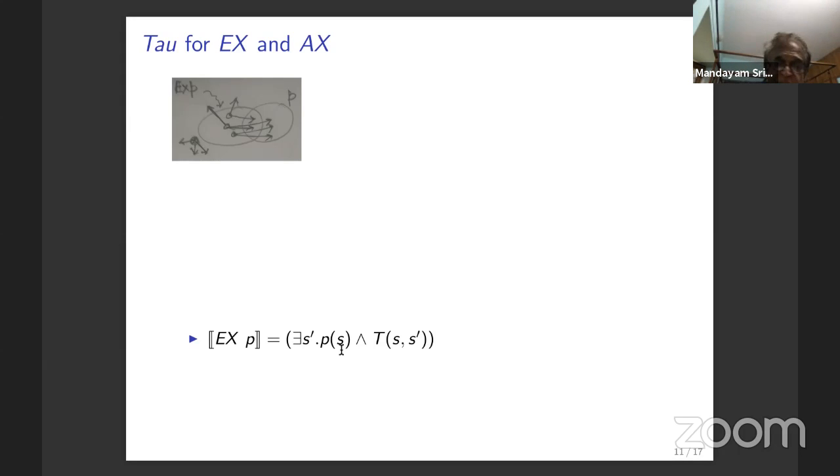Okay, these things are important for you to understand, because eventually when you do various things, it'll all be defined by formulas that correspond to how you understand the CTL formulas. Okay, is this clear? This is important.